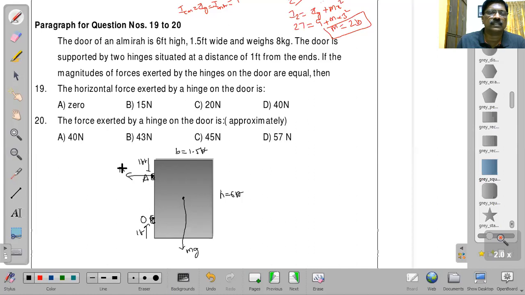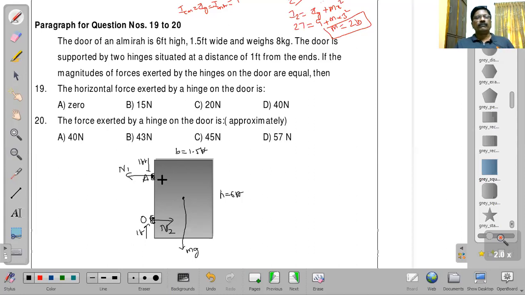Say this is N1. Whenever this almirah tries to move in this direction, immediately the hinge exerts a reaction force on the almirah towards the right. So towards the right, the N2 reaction force acts.